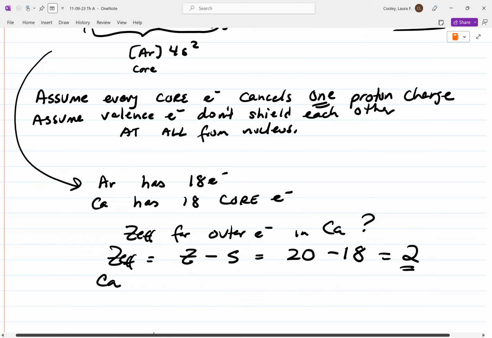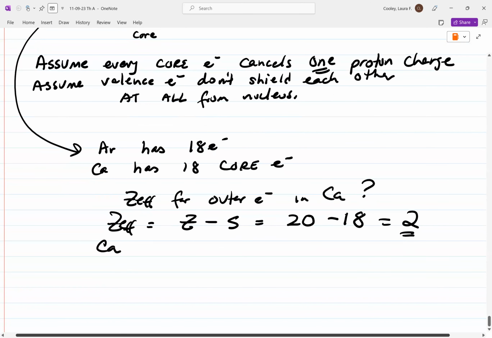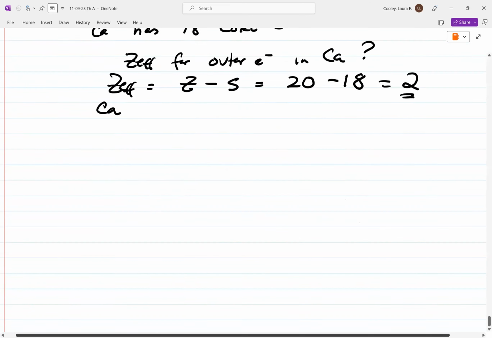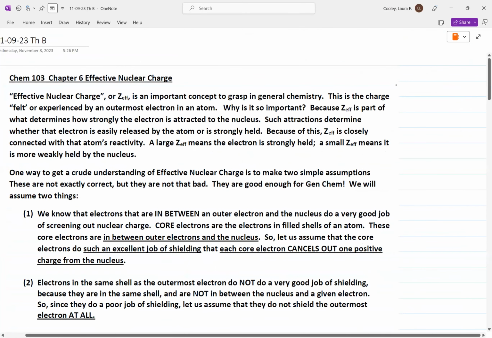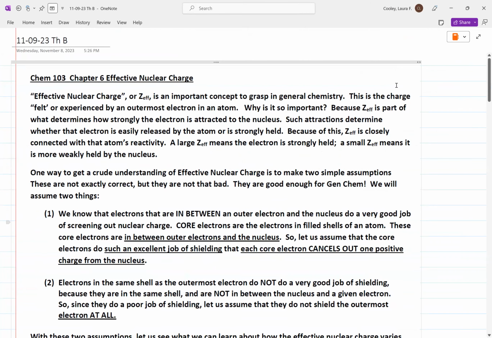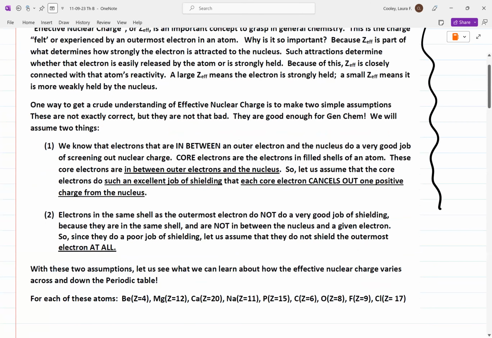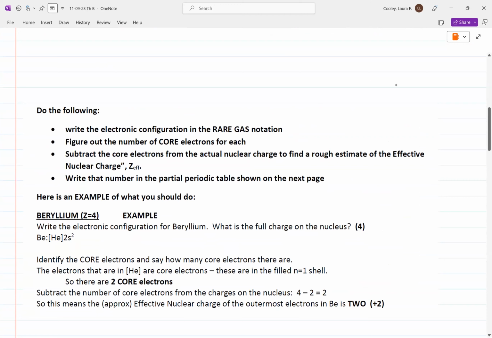Okay, so given this, can we figure out what happens to the effective nuclear charge as we go down and across the periodic table? I don't know, it's 11:42, so it's not a lot of time, but I want you to look at this handout. It's the effective nuclear charge handout. All of this writing here is what I just explained.